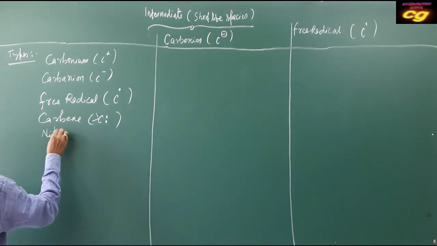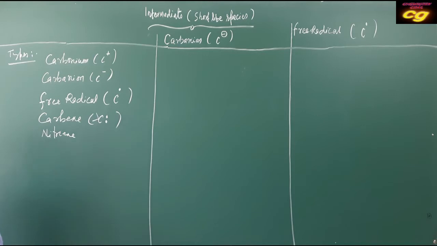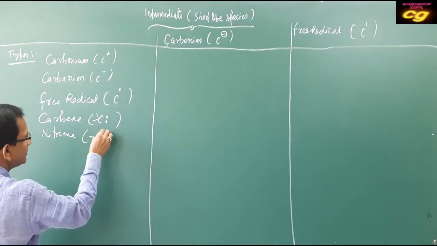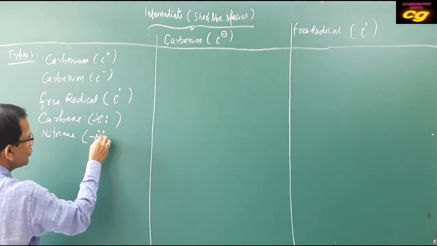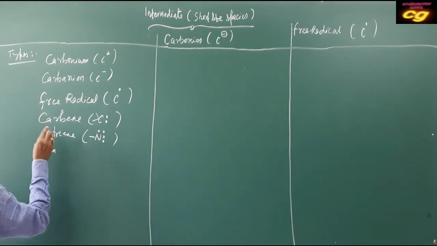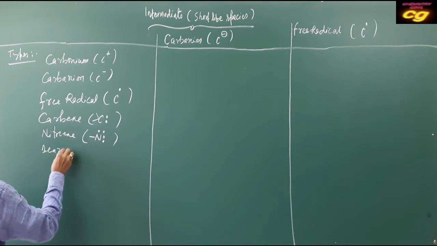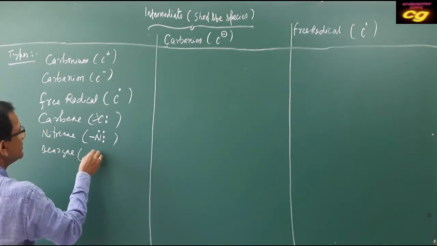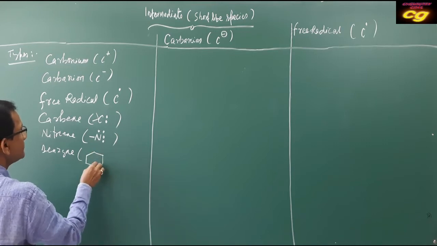Nitrene means nitrogen with a single bond having two pairs of electrons, these are called nitrenes. Then benzyne intermediates, these are the types of species.